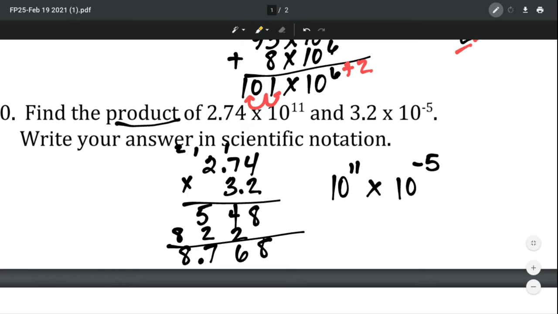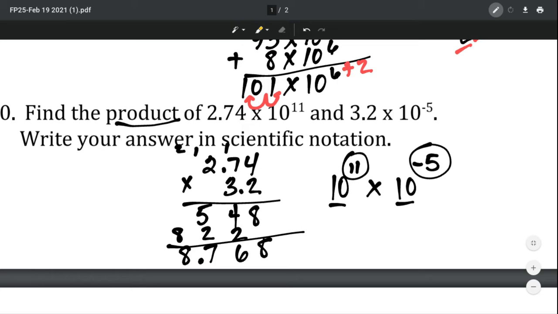So if you look at it isolated from the other part, it's just like we're multiplying here. We have the same base. So what do we do with these exponents? Do we add them or subtract them, multiply them, divide them? What do we do? Nobody wants to be on my video today.